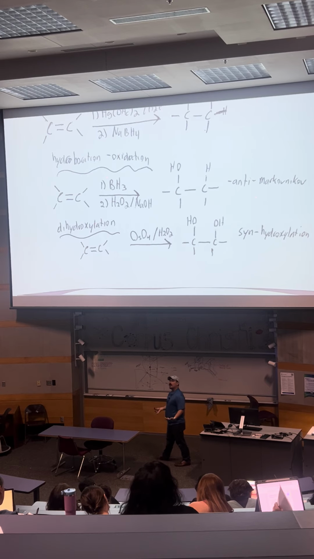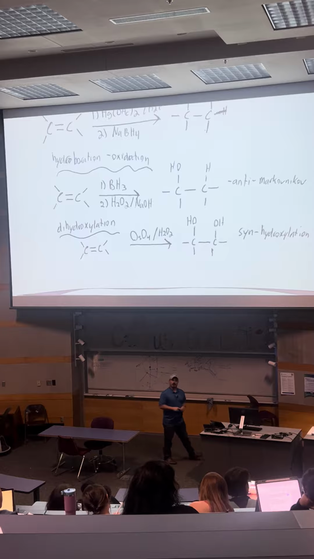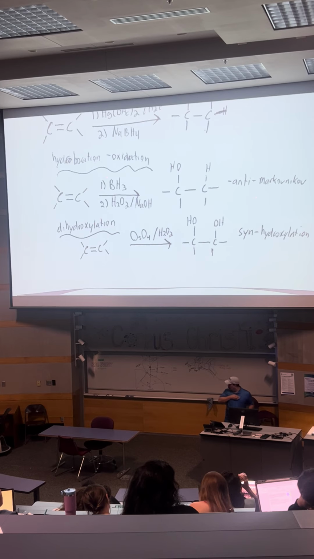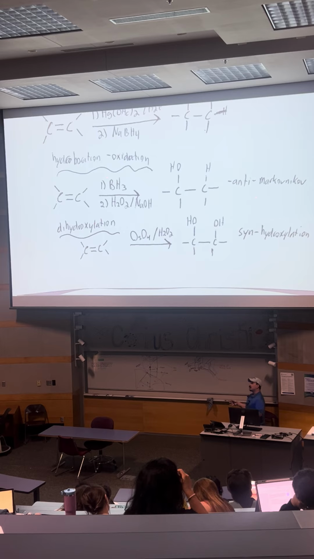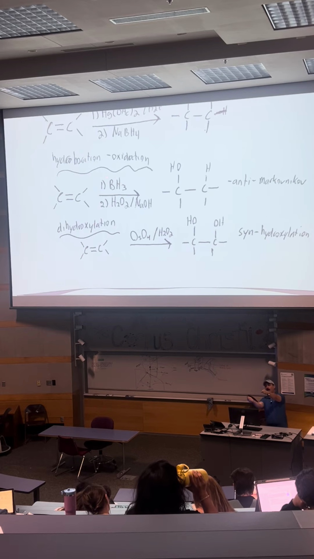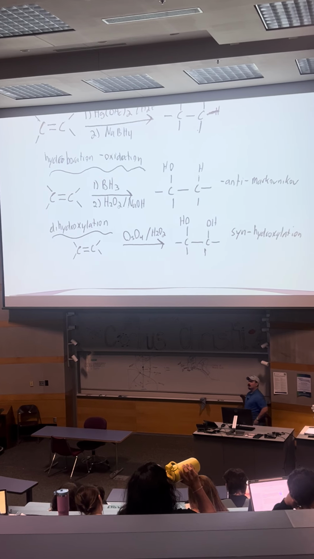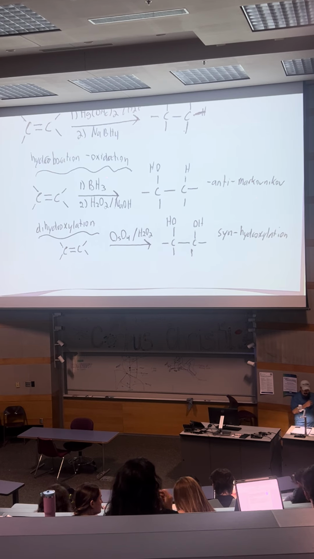So it gives you exclusively the cis 1,2 diol product. In this case the stereochemical outcome might not be important, but if you were doing this reaction with something like cyclohexene, where you had a rigid ring, then the 1,2 diol you would synthesize would have both alcohols either popping out towards us or both going back, in the cis stereochemical configuration.